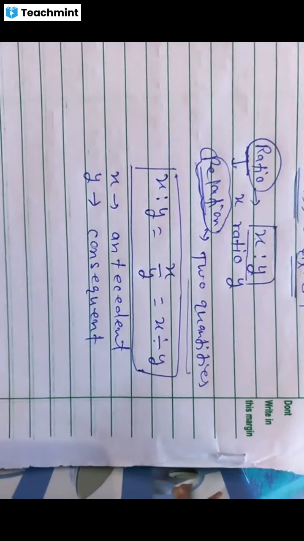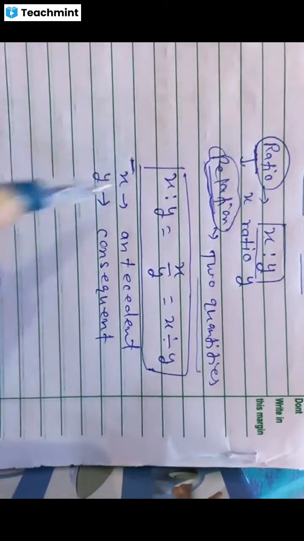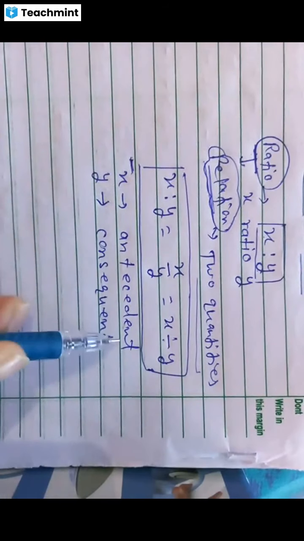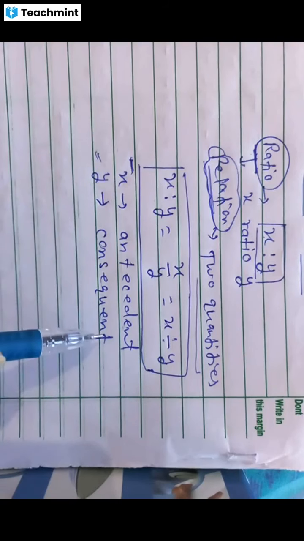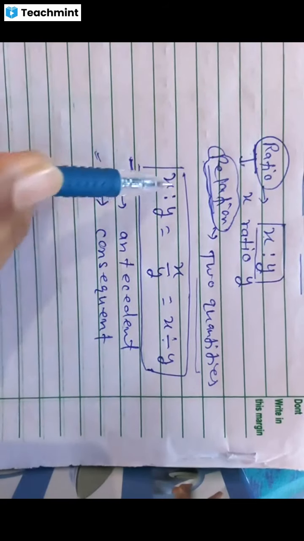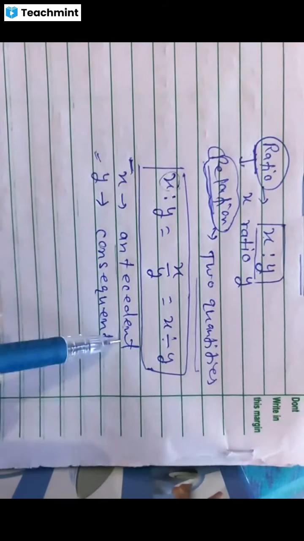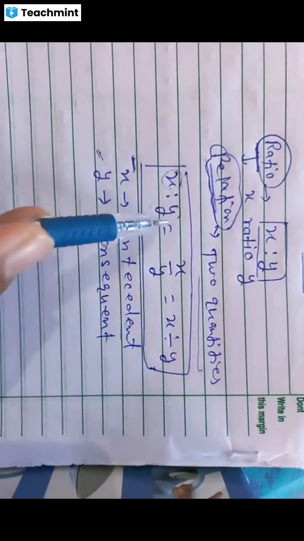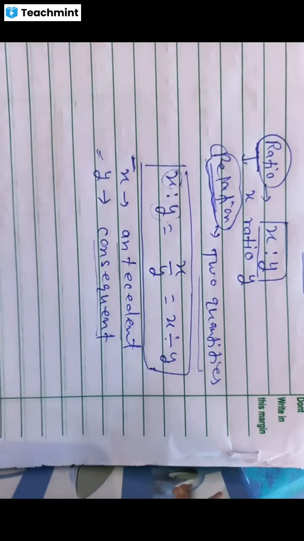You have to always remember, the first quantity is called antecedent and the second quantity y is called consequent. If anybody asks you what is x, you will say that x is antecedent, and what is y, the second quantity, it is called consequent.